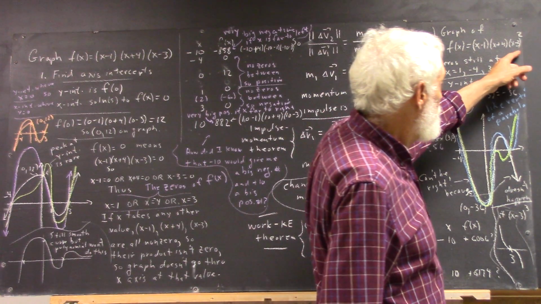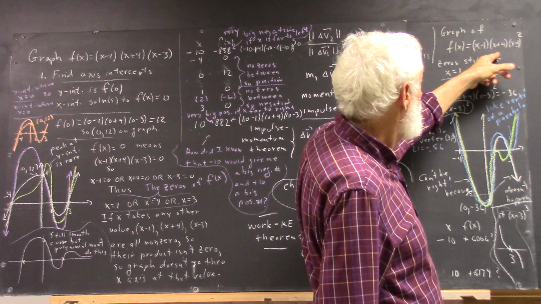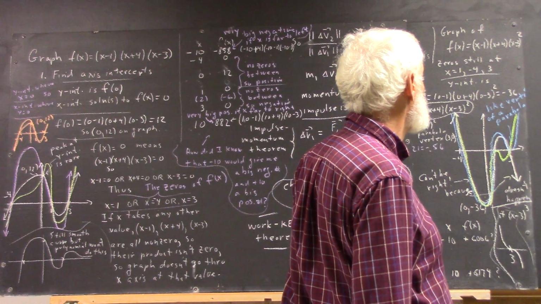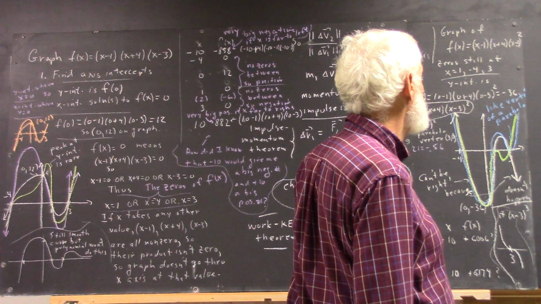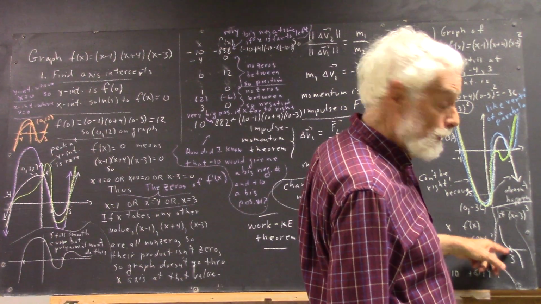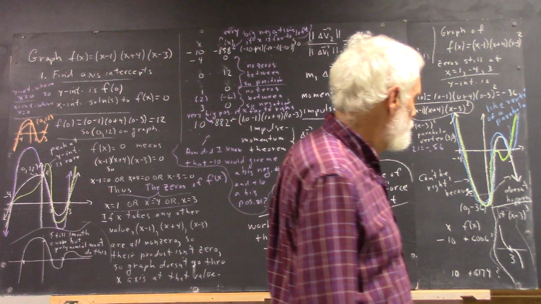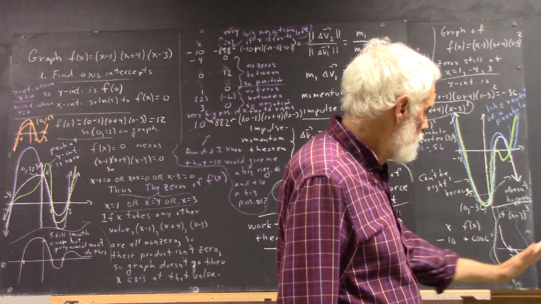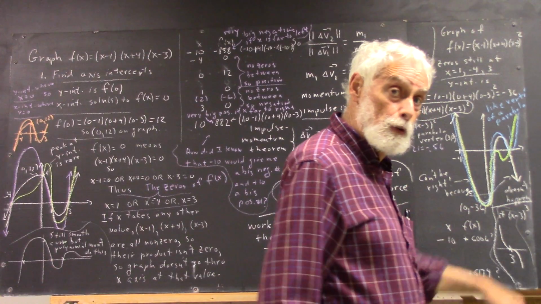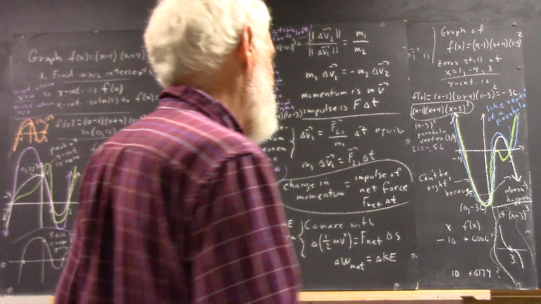If this was an (x − 3) cubed, you'd have a multiple of x − 3 here. So that near x equals 3 would behave like a cubing function. So it would either be like this going up or like this going down. And you can then determine which. Actually, yeah, that was ignorant.